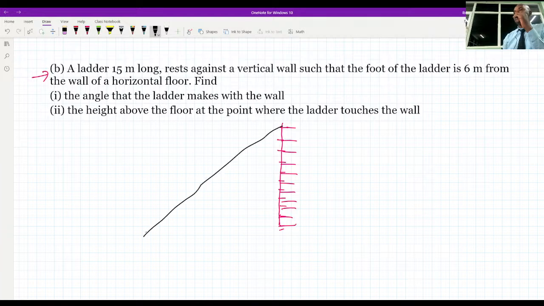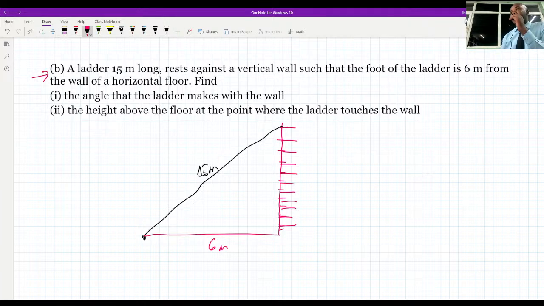So this is our ladder. And this ladder is 15 meters long, dear students. Such that the foot of the ladder, here is the foot of the ladder, is 6 meters from the wall. So this distance here to the wall is 6 meters.